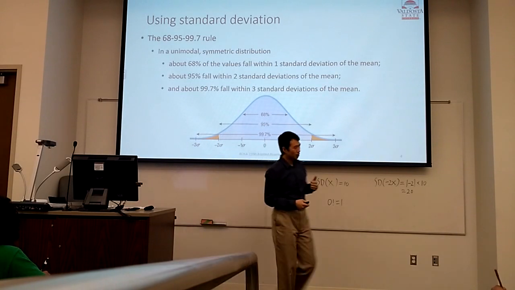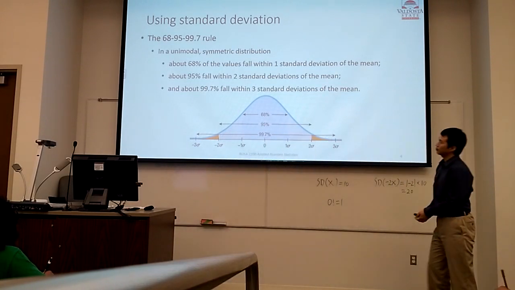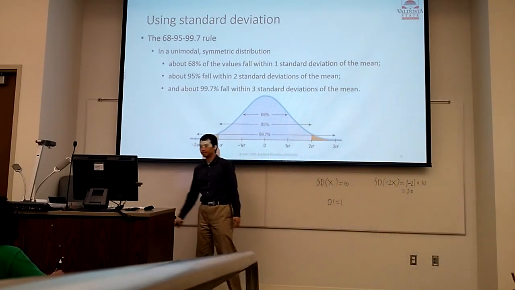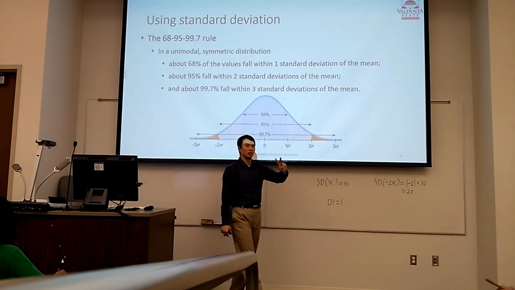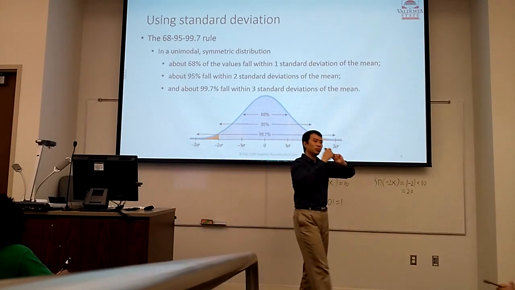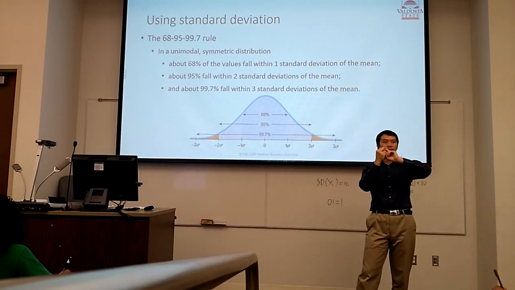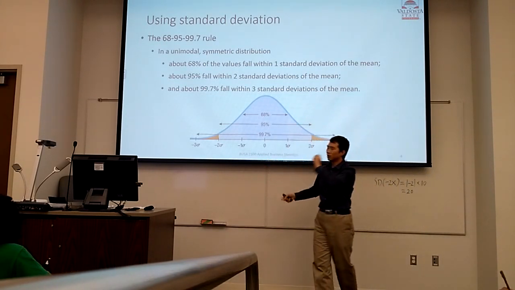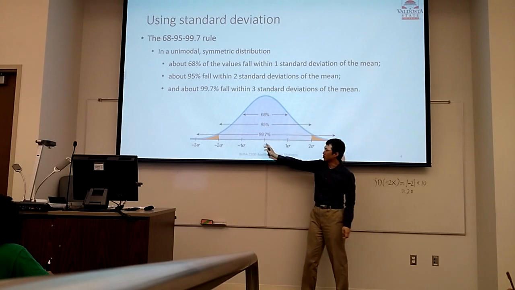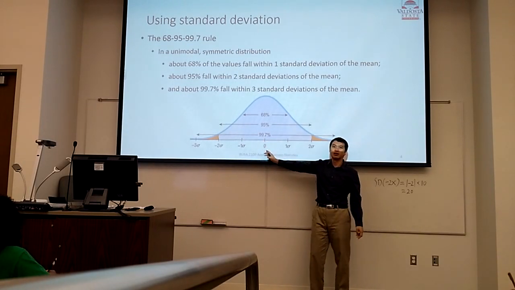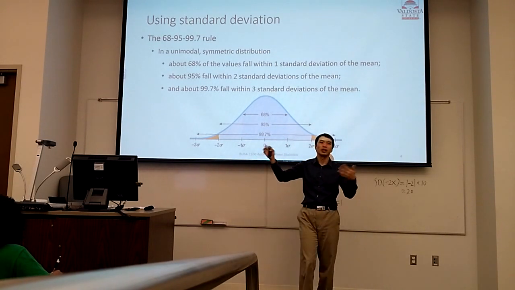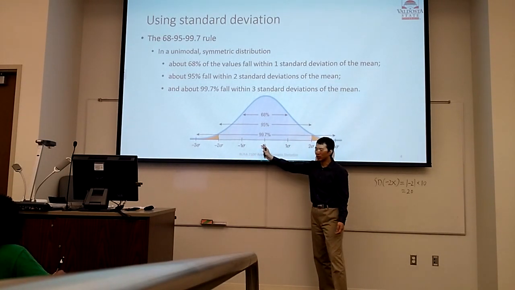So what is this rule about? For this kind of distribution, we have two parameters: the mean and the standard deviation. In this figure, we have the mean as 0. It doesn't have to be 0, it could be 1 or 2, any number, but we need to have a mean.